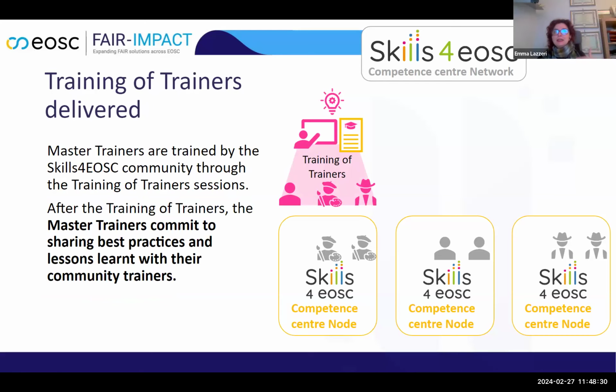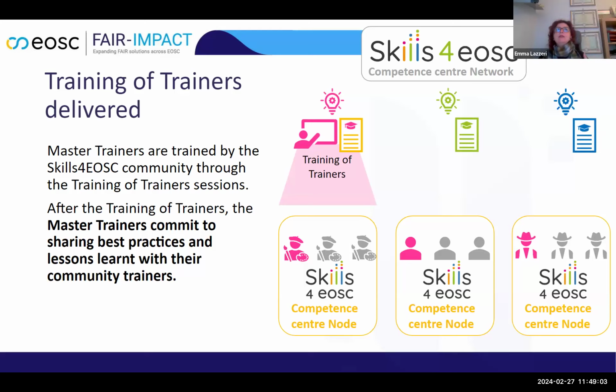In this training of trainers, we not only train the master trainers coming from each competence center, but those commit to share best practices and lessons learned with their community trainers once they have acquired the related competencies. And so when they go back to their competence center node, they can equip it with the new competencies.